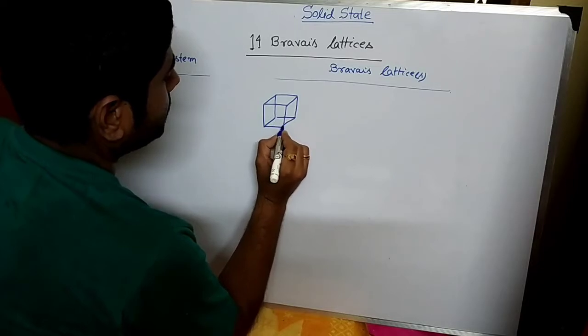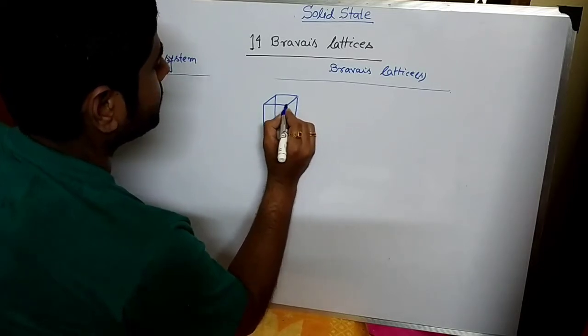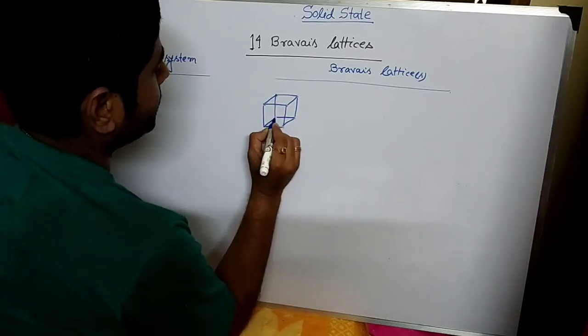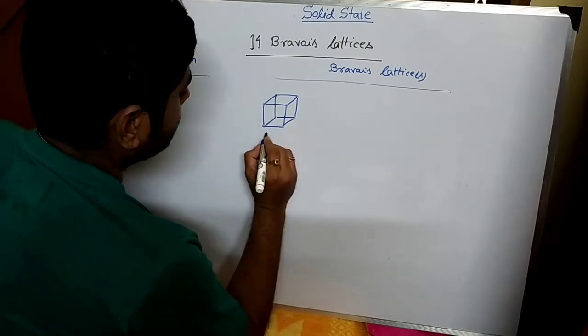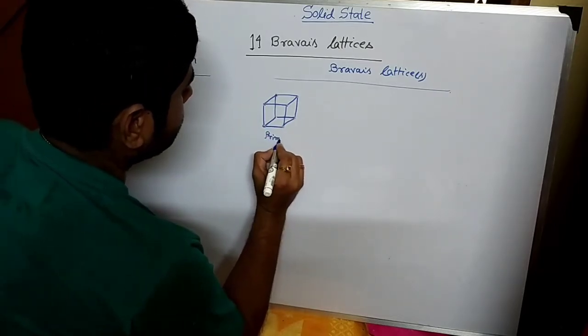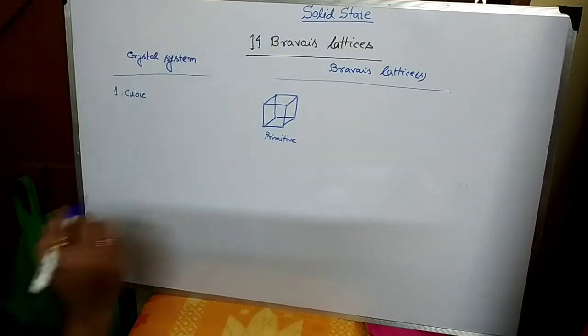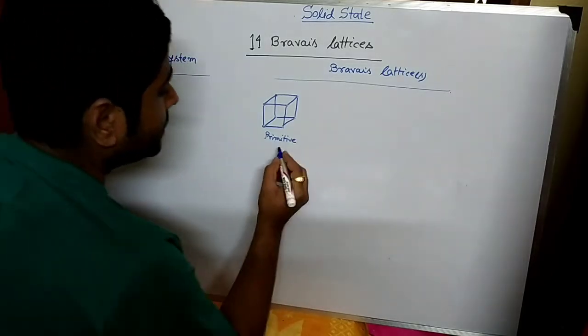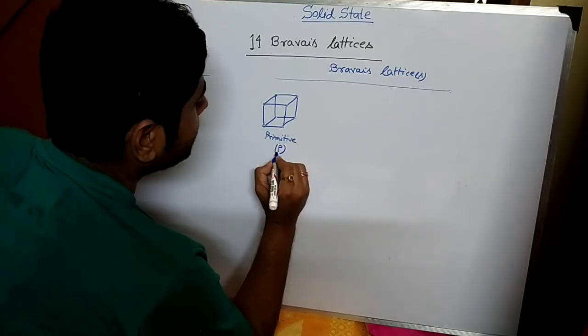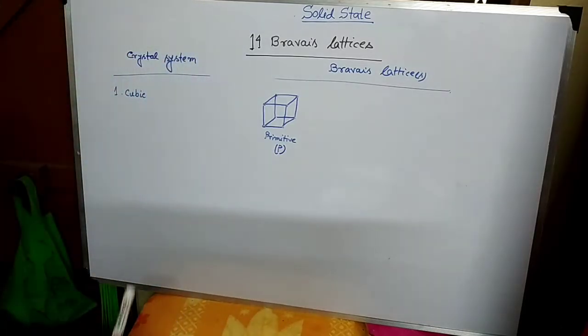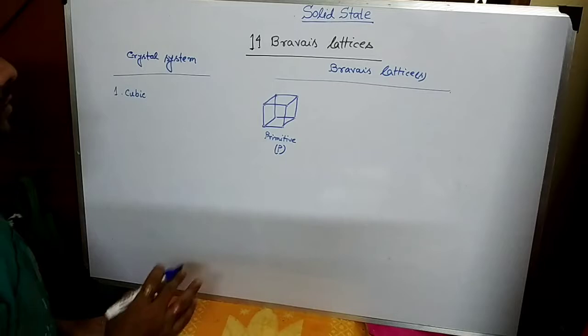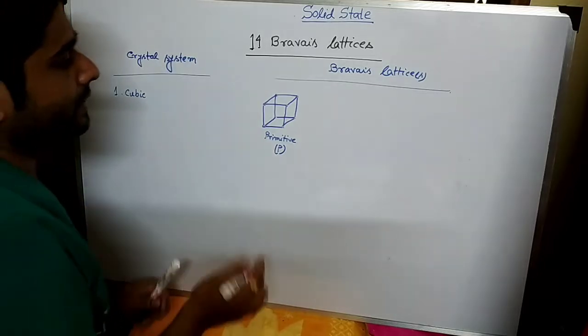So what is this? This is primitive in nature. Now onwards we will designate it as P. So one category is primitive.